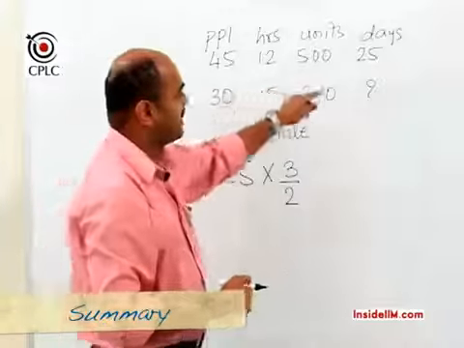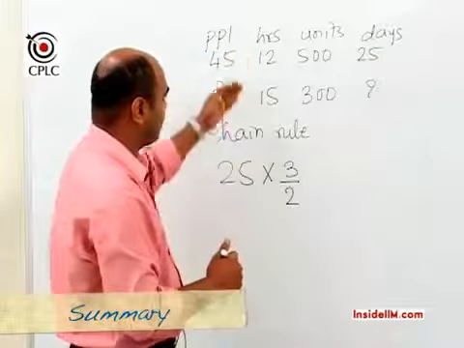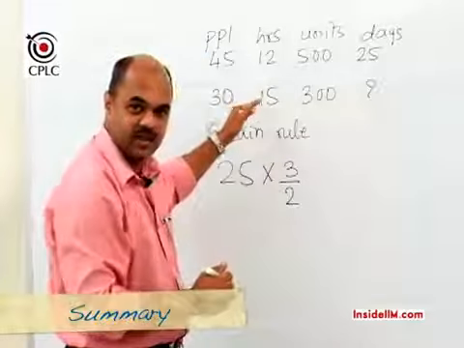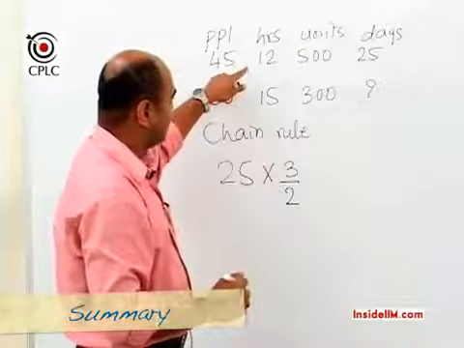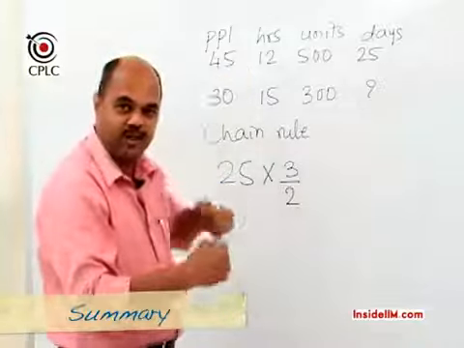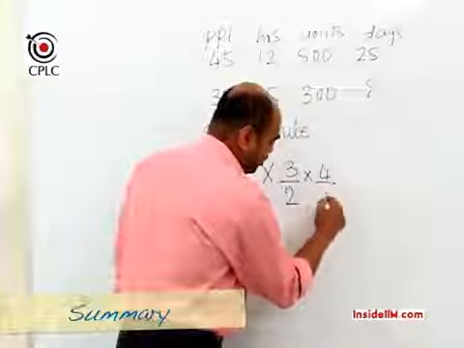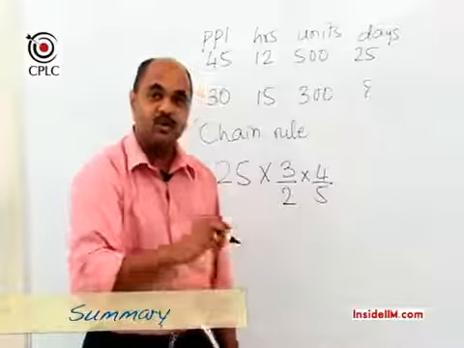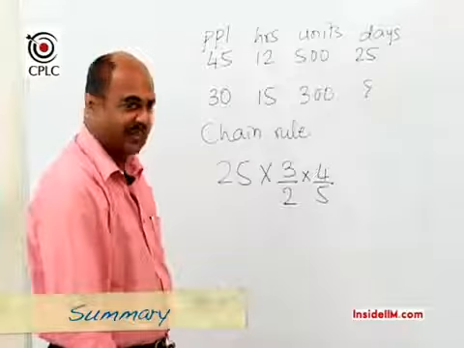Once again, the number of hours would be inversely proportional with respect to the number of days, which means if the number of hours per day increases, the number of days required would be lesser. Hence, if the number of hours has become 5/4 of earlier, then the number of days required will become 4/5 of earlier. So we are multiplying further by 4/5.